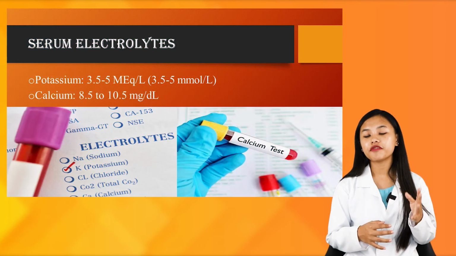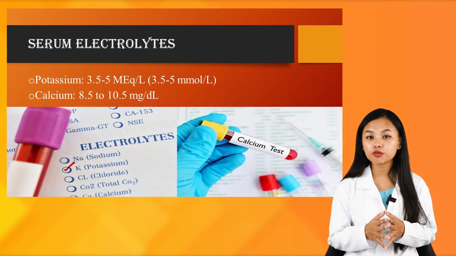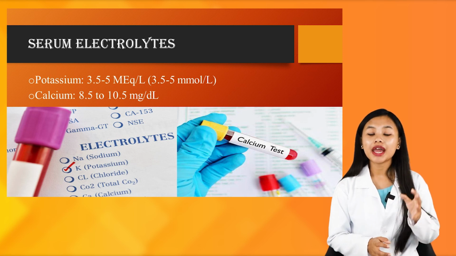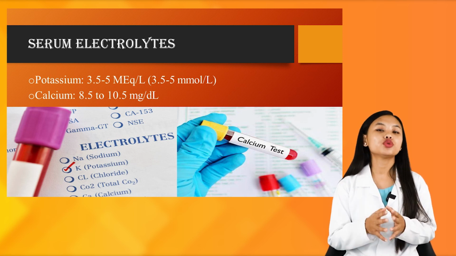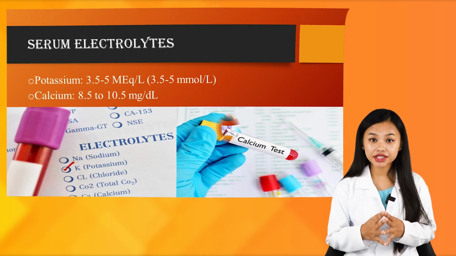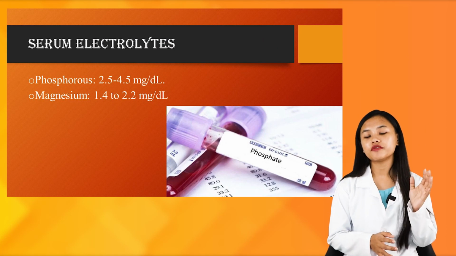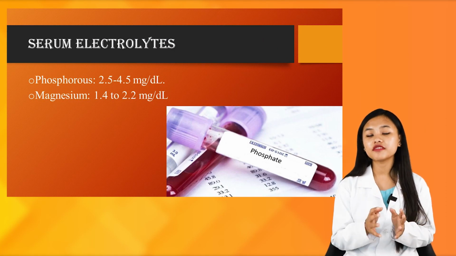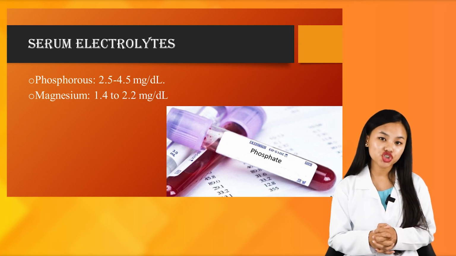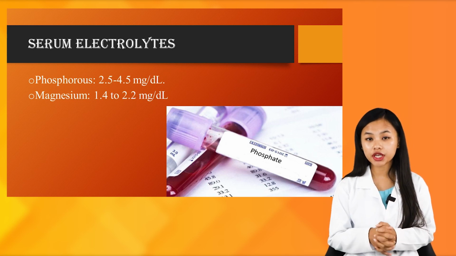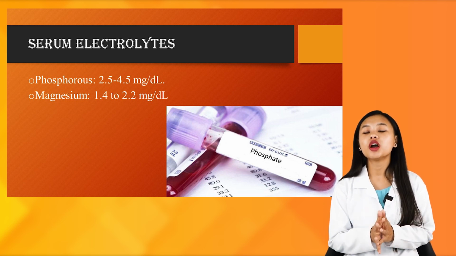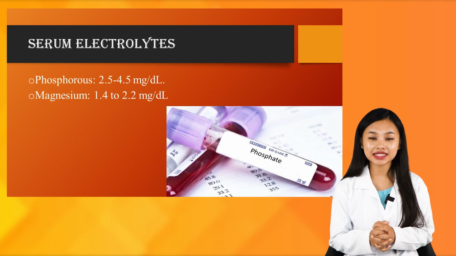Potassium, 3.5 to 5 millimole per liter. For calcium, it must be between 8.5 to 10.5 milligram per deciliter. Phosphorus, 2.5 to 4.5 milligram per deciliter. And for magnesium, it must be between 1.4 to 2.2 milligram per deciliter.